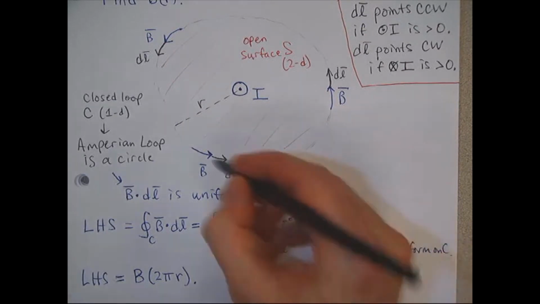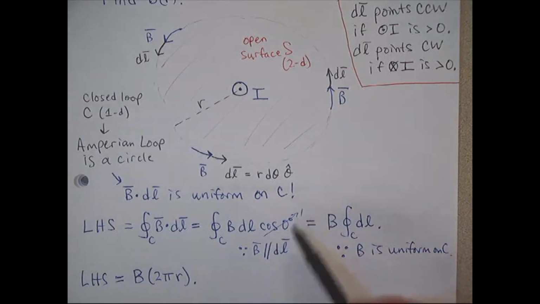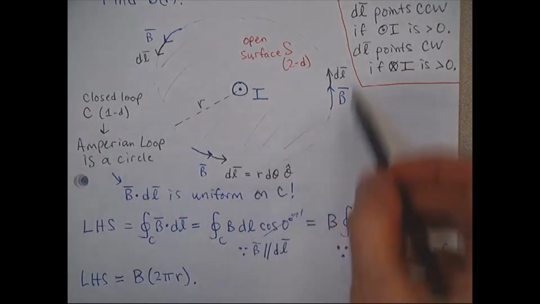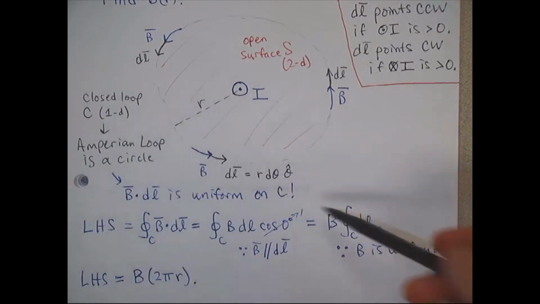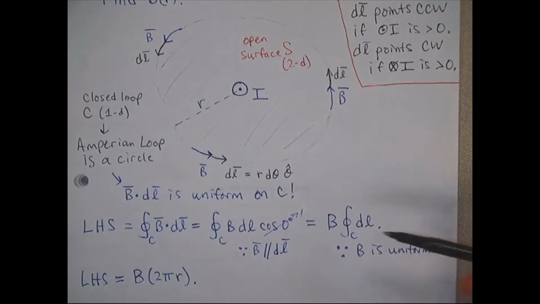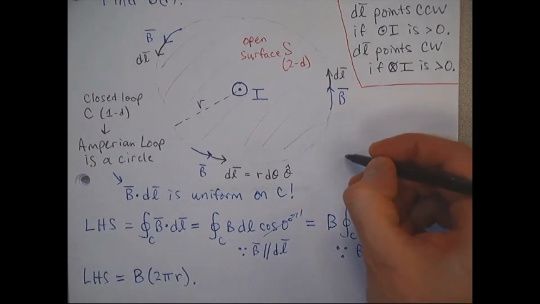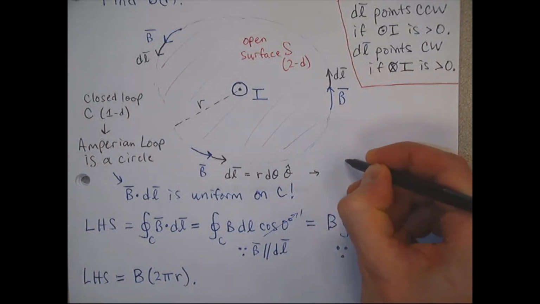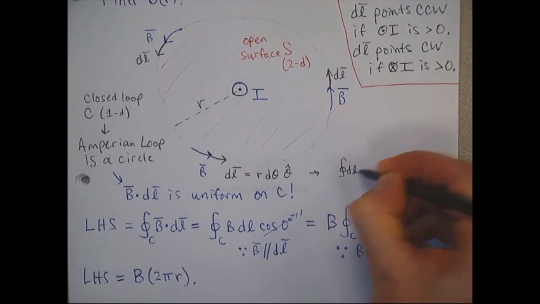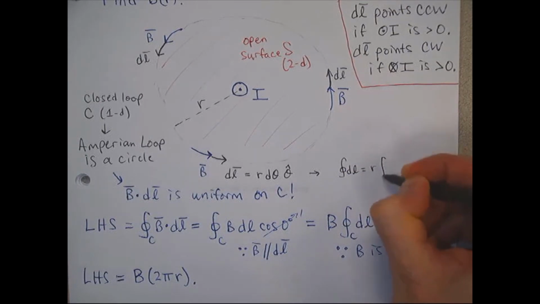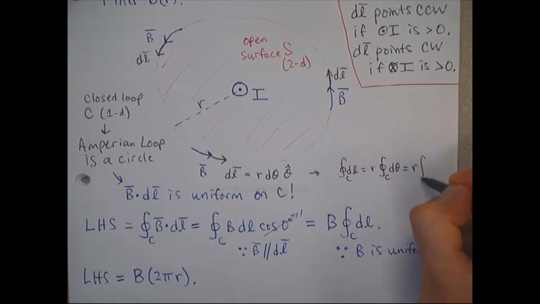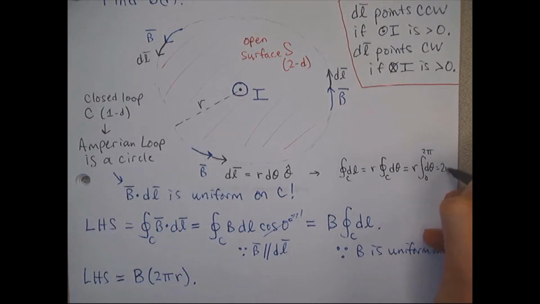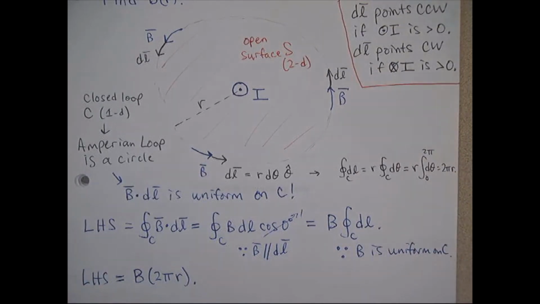Technically, as a vector, it's pointing in the theta hat direction. If you were to integrate its magnitude around the circle, you'd be integrating r, which is not dependent on theta, from 0 to 2 pi, that's just the circumference.